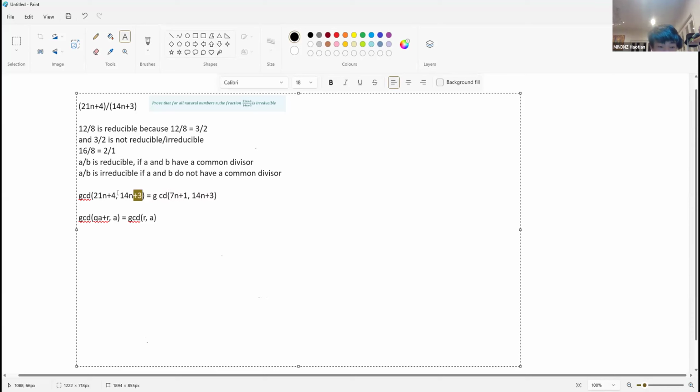Right, because we subtract 14n plus 3 from this, and 7n plus 1 we got from 21n plus 4 minus 14n plus 3. Okay, and now with that, would anyone like to try to finish the problem?